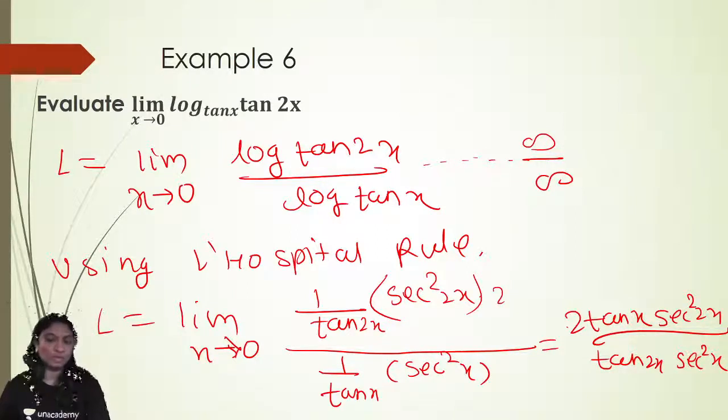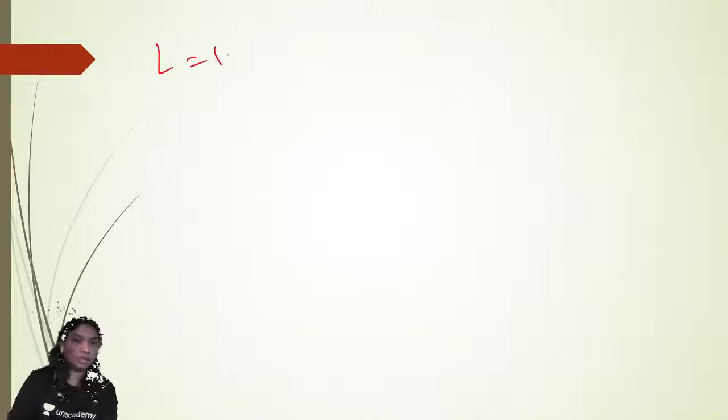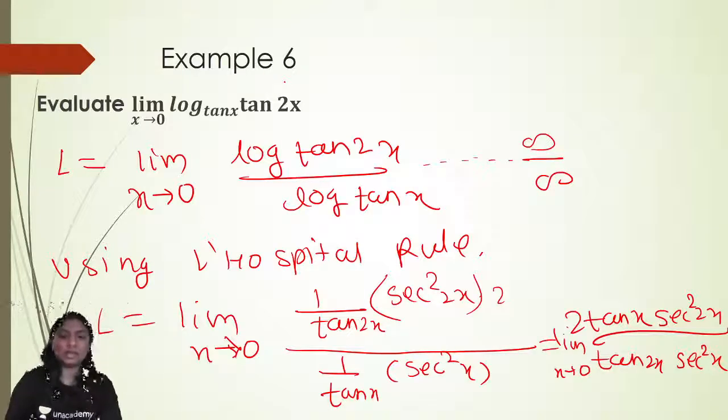Now what we will do, whenever there is limit as x tends to 0, try to convert it into tan x upon x form. So we can write here tan x upon x, and here tan 2x upon 2x. So you will get L is equal to limit as x tends to 0. See, here we are adjusting the term to tan x.